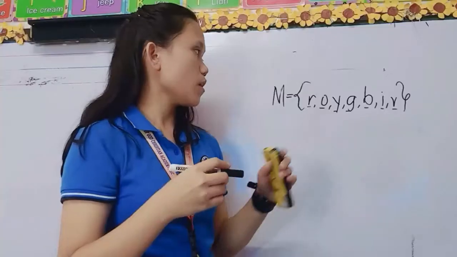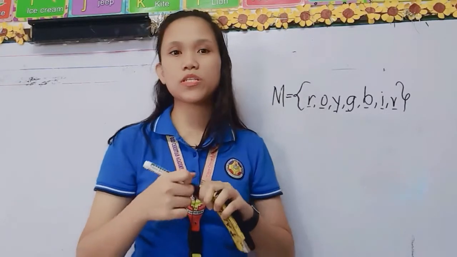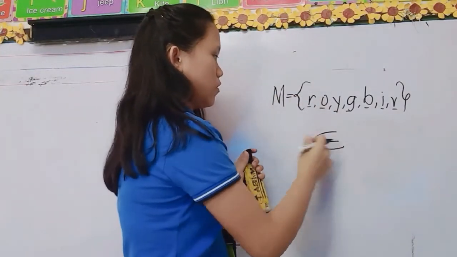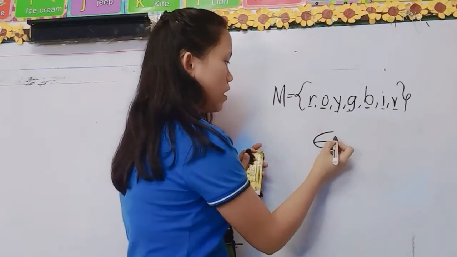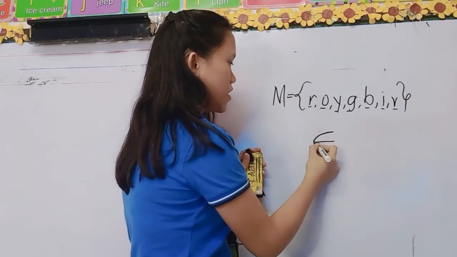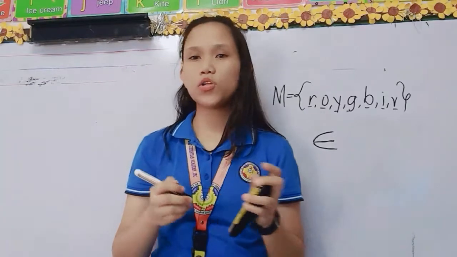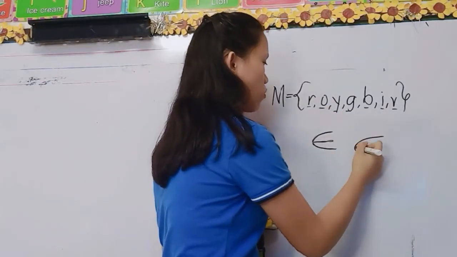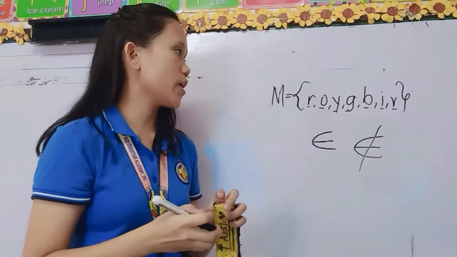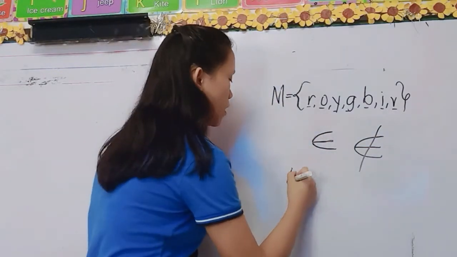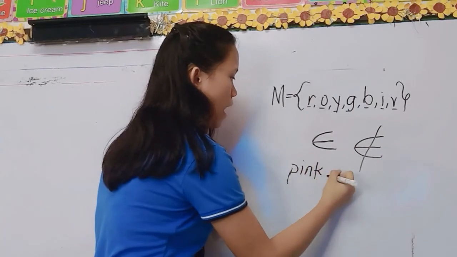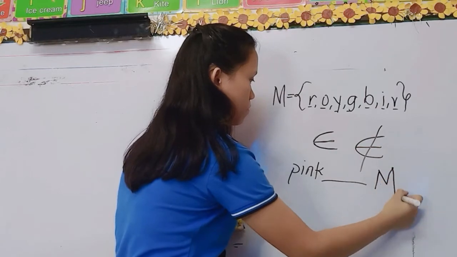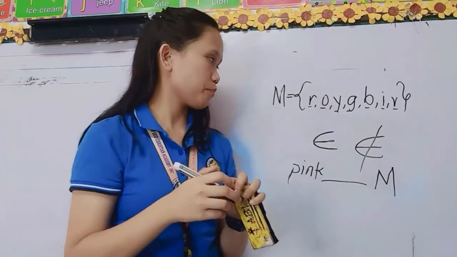So, in identifying the elements, we use the symbol like this. This symbol denotes an element of a set, while this one pertains to not an element of a set. For example, pink, blank, set M. So what are you going to put?